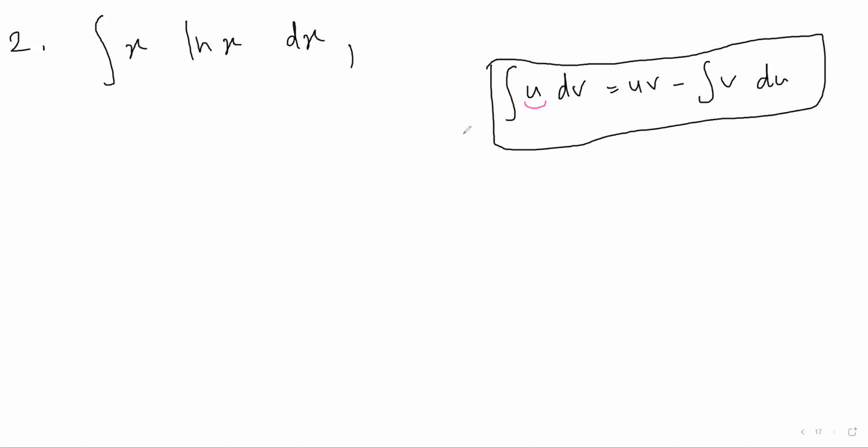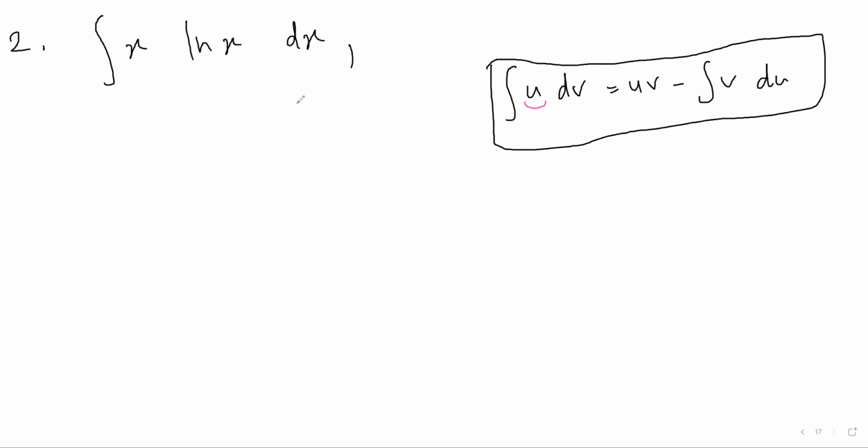In this case, because integrals are different, if you assign u to x, and you assign dv to the remaining, which is ln x dx, you might have some problems. It might not evaluate. So for this one, it's more suitable to assign u to ln x.